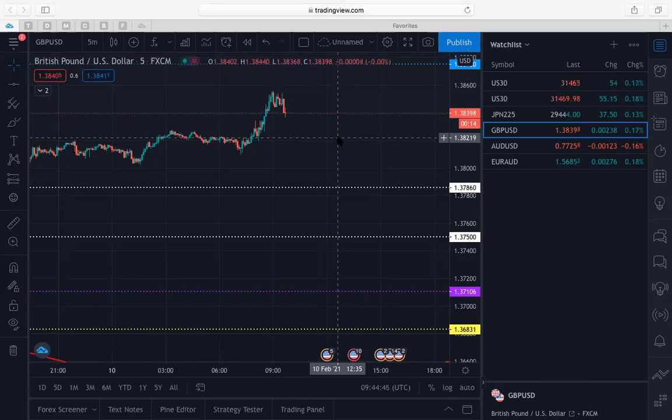Then I combine these two with the sentiment, and I choose my pair for that day. Then I have to go to COT, but the COT part I don't understand quite well.